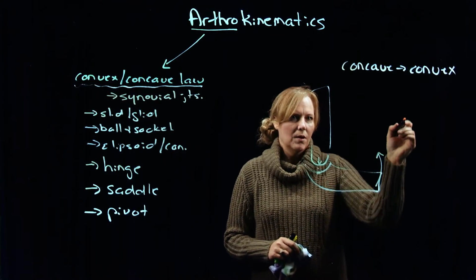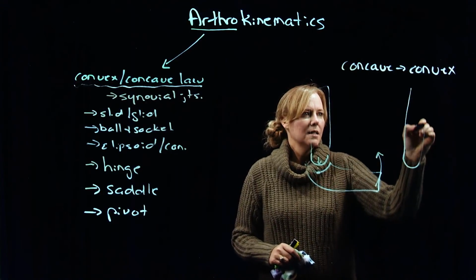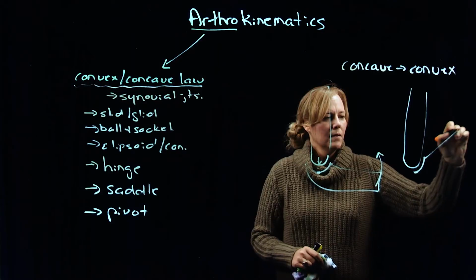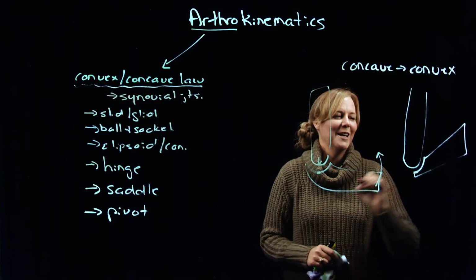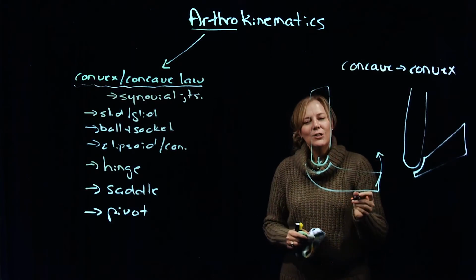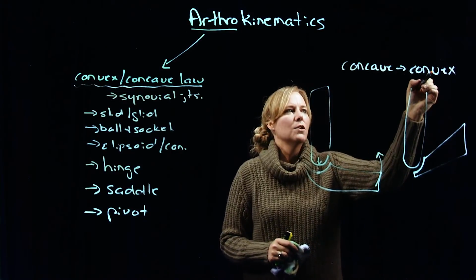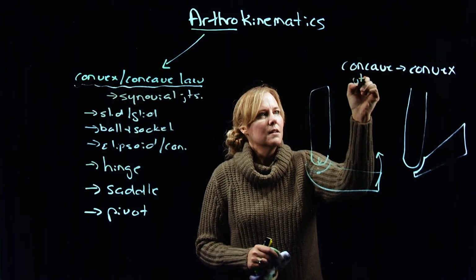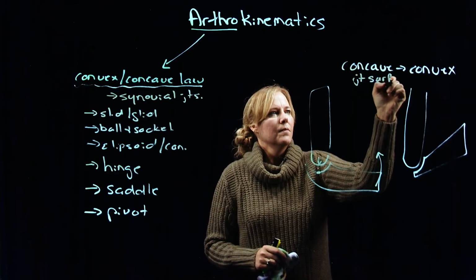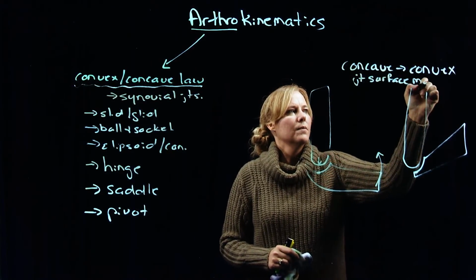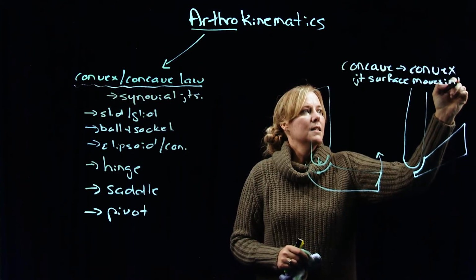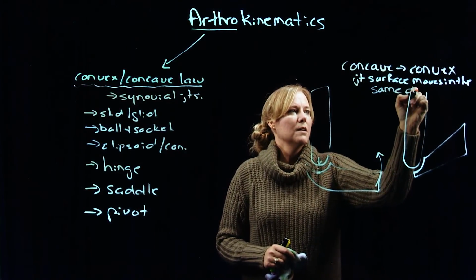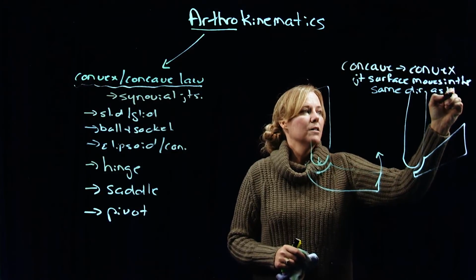So I'm going to draw another one right beside and try and mimic it here. And I'm going to draw it up like this. Not very good, but you get the picture. So you can see when a concave surface moves on a convex surface, the joint surface moves in the same direction as the body part.